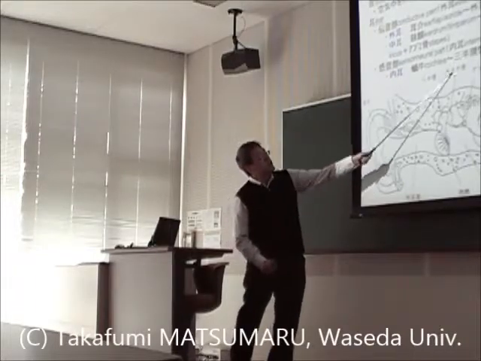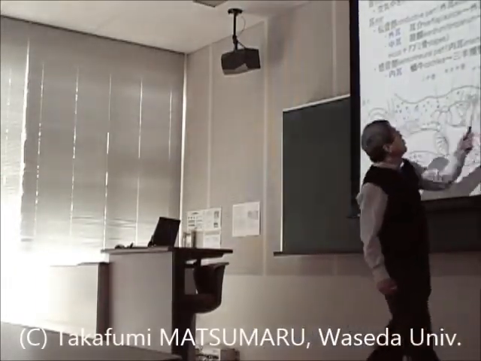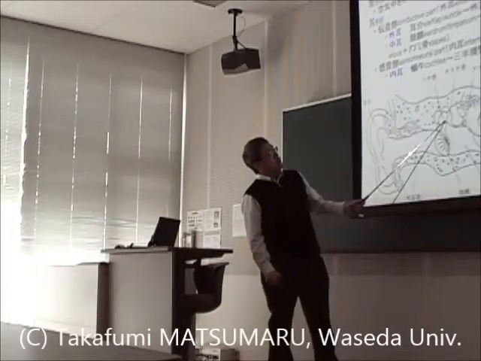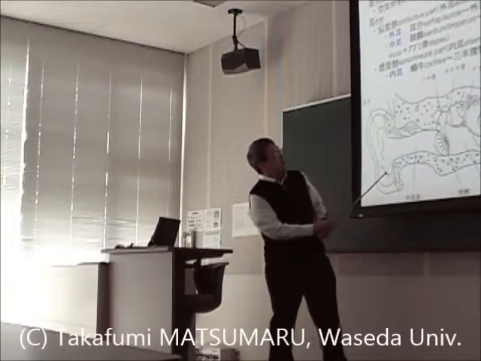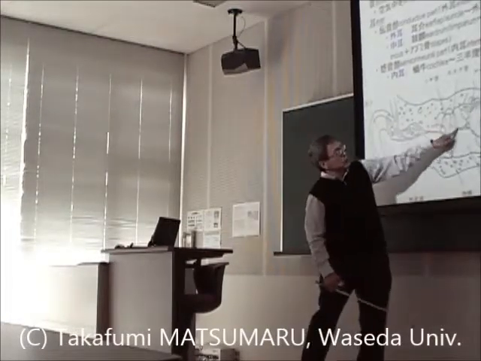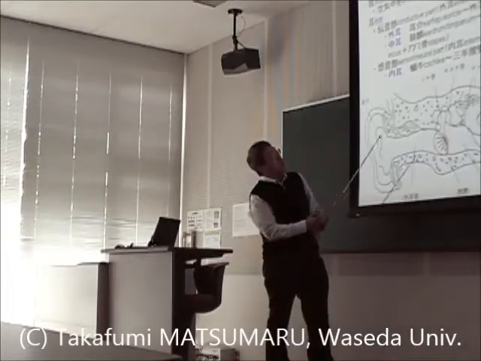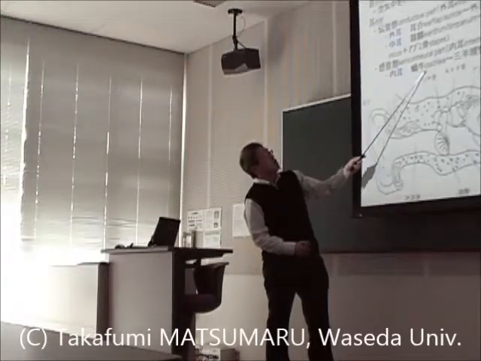Here are the malleus, incus and stapes, a series of three bones. Finally, the third part is this cochlea.